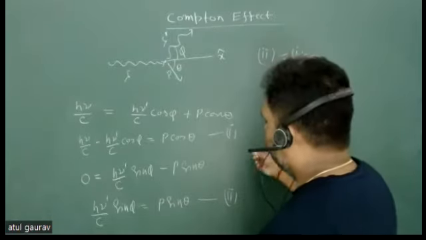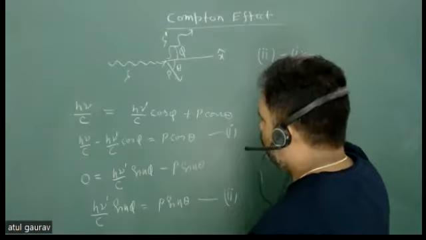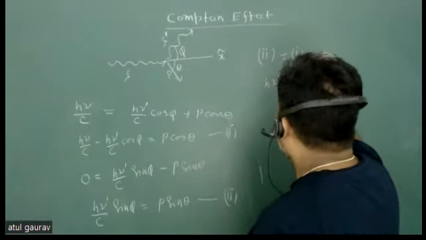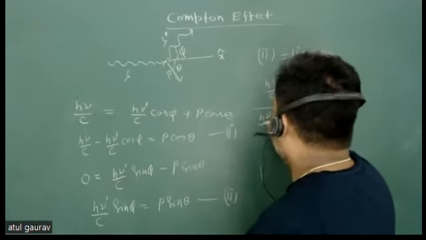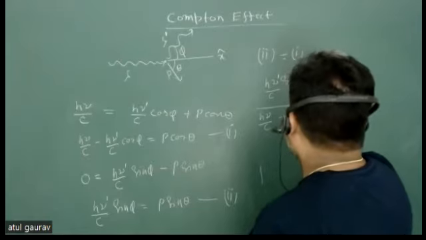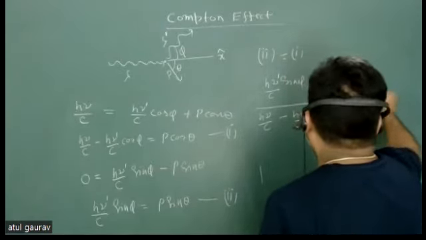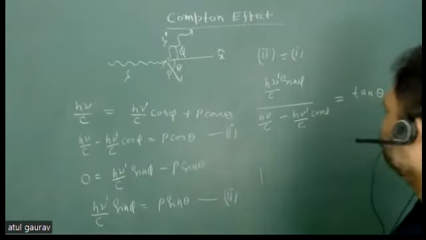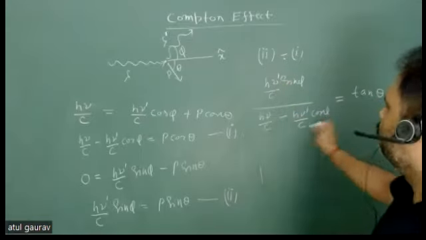You will get h nu dash sin phi upon c, on the other side h nu upon c minus h nu dash upon c cos phi, equal to tan theta. And now we divide by h nu dash on both sides.